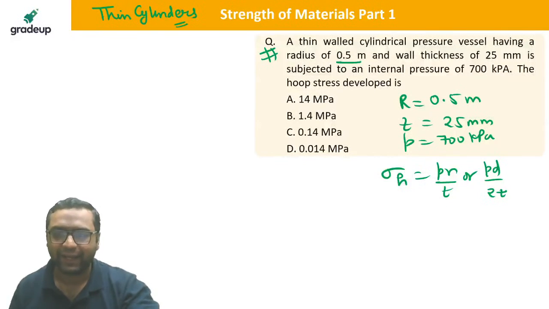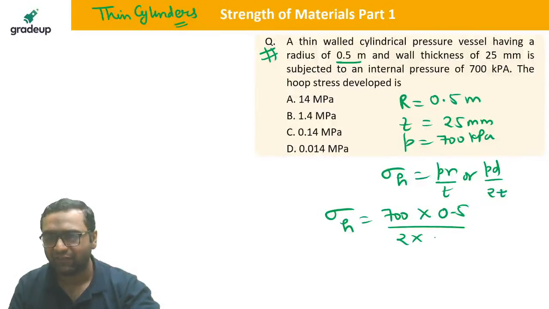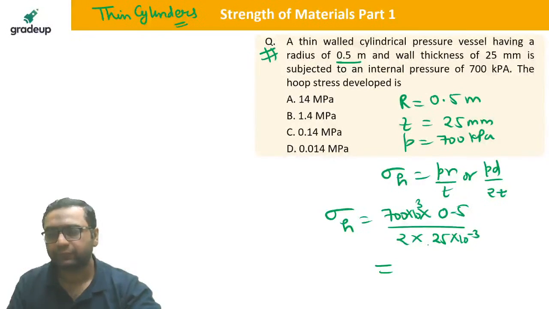Ayush is saying A. So sigma hoop is 700 kilopascal into radius 0.5 meter, divided by 2 into 25 mm, 25 into 10 power minus 3. This is into 10 power 3. Okay.